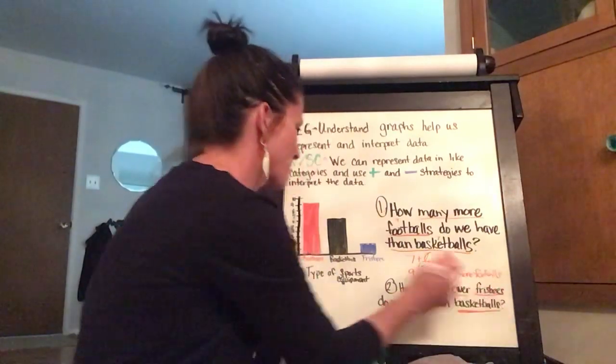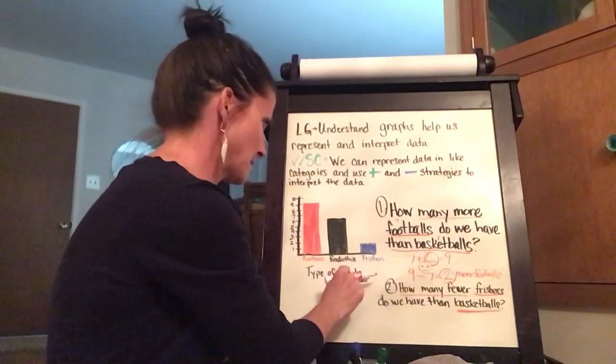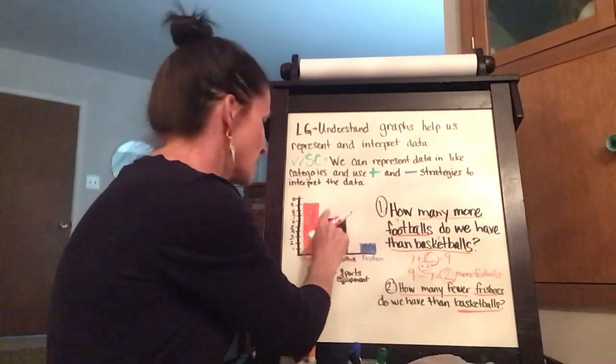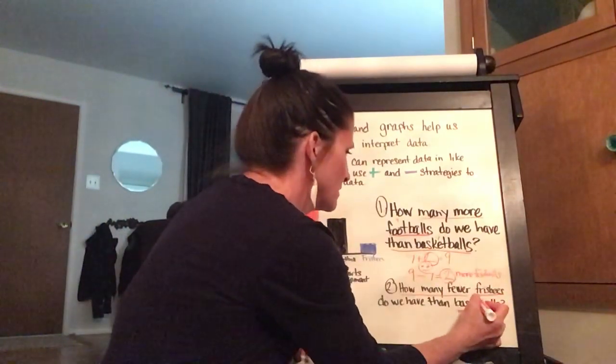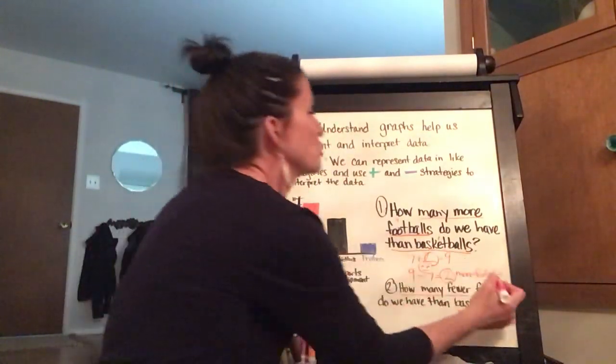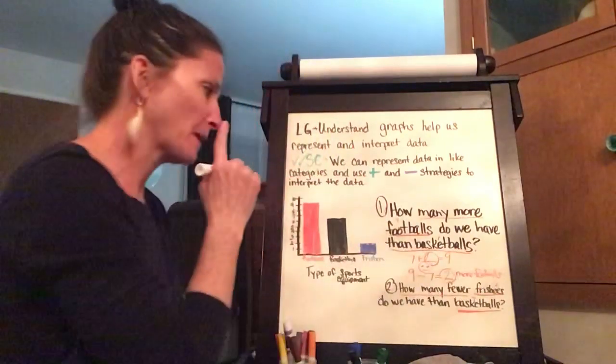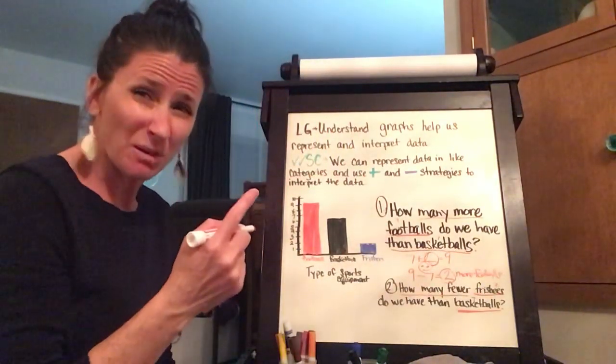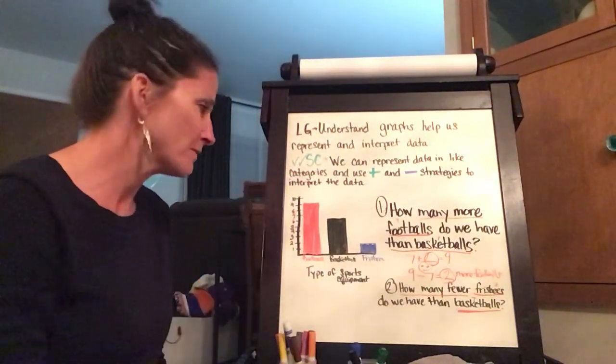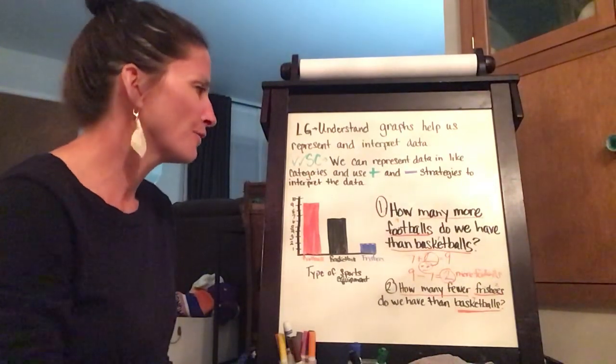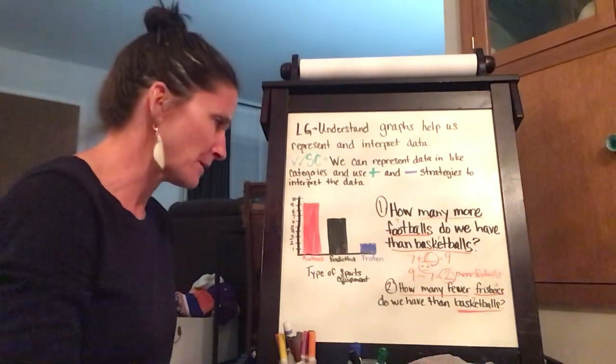So I'm thinking about my frisbees and my basketballs. Let's see, I have 7 basketballs and I had 2 frisbees. I'm going to put it into an equation again so I know what I'm solving for.